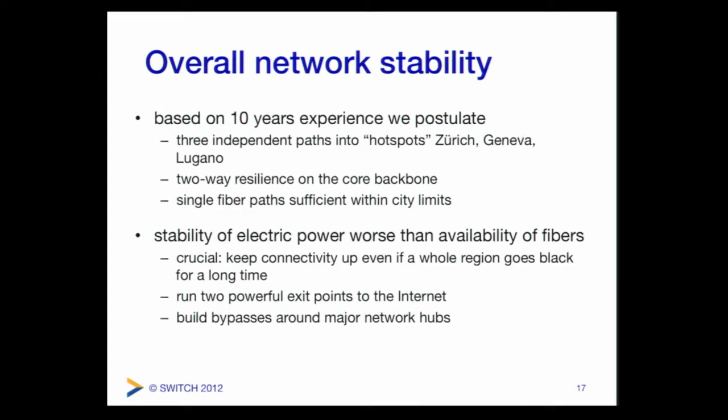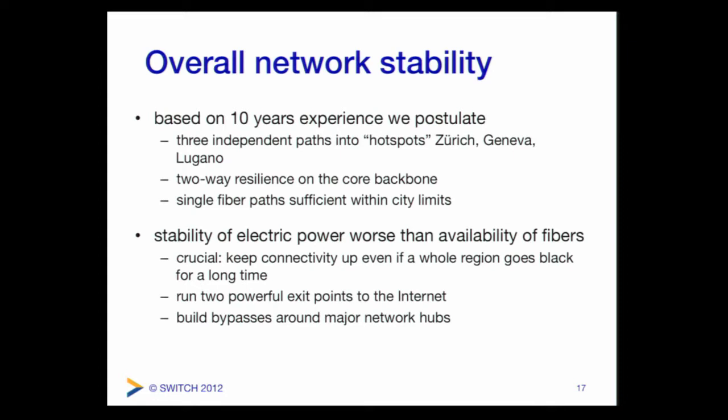We never had a fiber break in a city in the last 10 years, but we have quite some interruptions on the long distances. So that's why we now claim we need 3 independent paths to these hotspots I showed you. Normally on the backbone we have just 2-path resilience. And in cities we think in future that one single link would suffice.